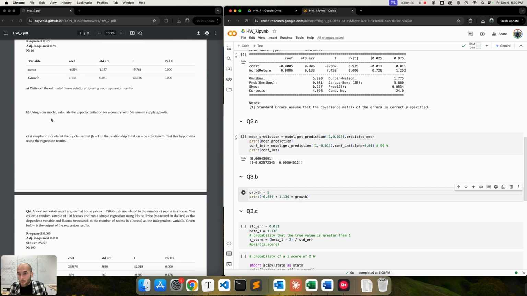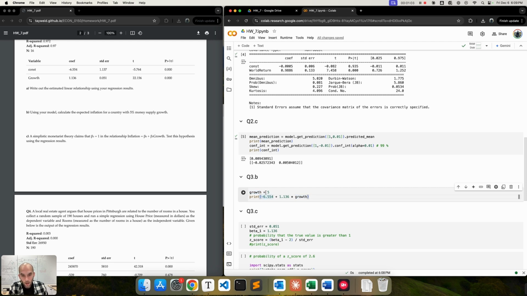And then for B, we're going to use the model to calculate the expected inflation for a country with a 5% money supply growth. What I've done here is, I'm not going to actually run this, otherwise it would print out the answer to the homework. So we have a growth rate, which is our 5%, and then what we want to do is just write down the equation.